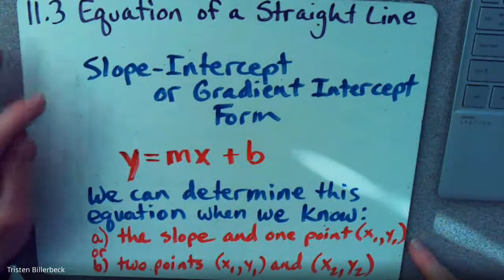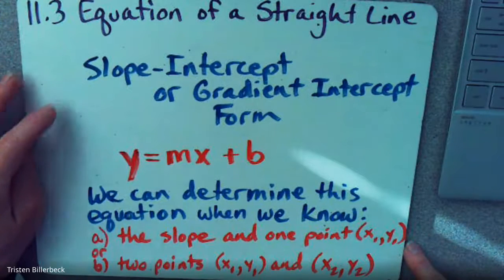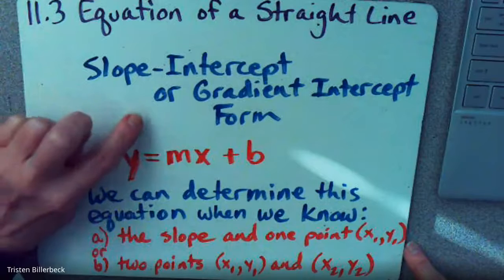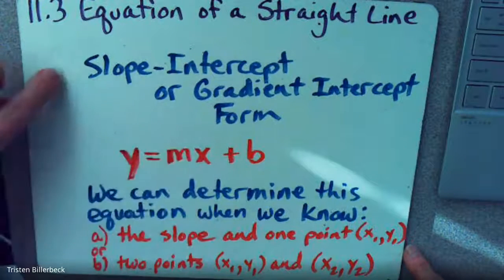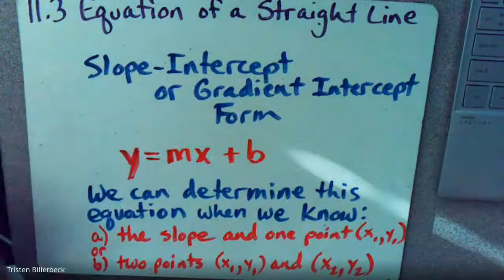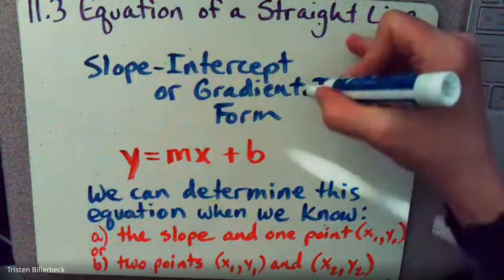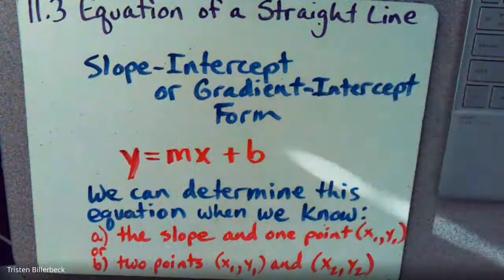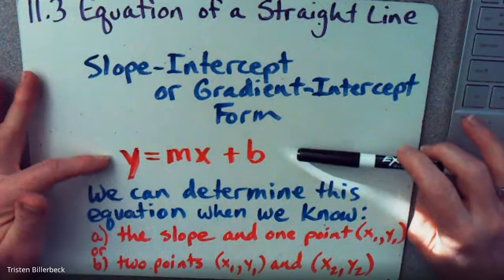The main equation we're going to talk about during chapter 11 is slope-intercept or gradient-intercept form. The popular name is slope-intercept, so you may see gradient-intercept written in there. So probably should put a little dash here. What that looks like is what we've been talking about this whole time, y equals mx plus b.